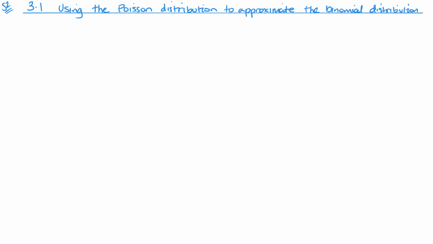Now if I've got a binomial distribution like so, and if it meets certain requirements, and these are quite simply if n is large and p is small.